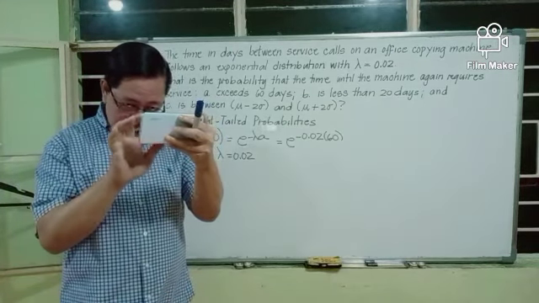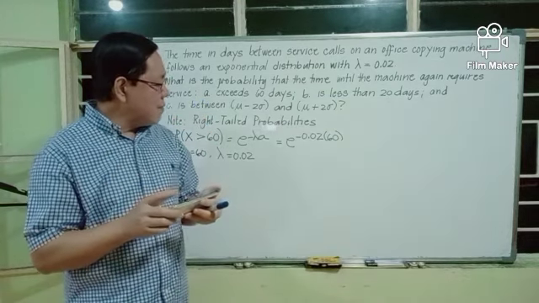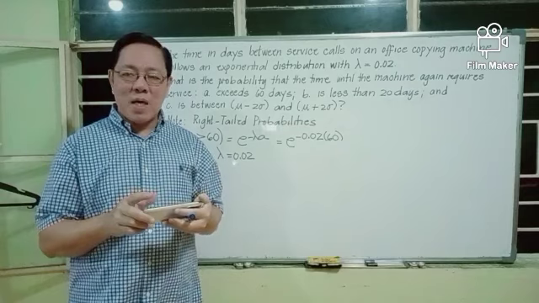We have e to the power minus 0.02 multiplied by 60.